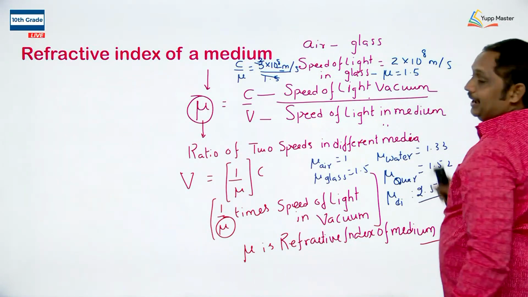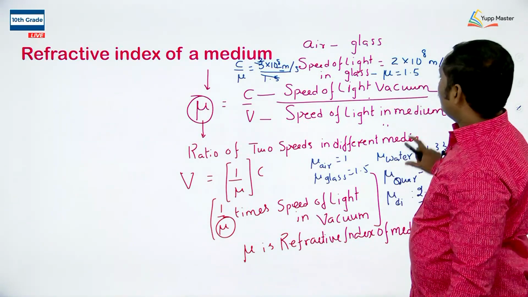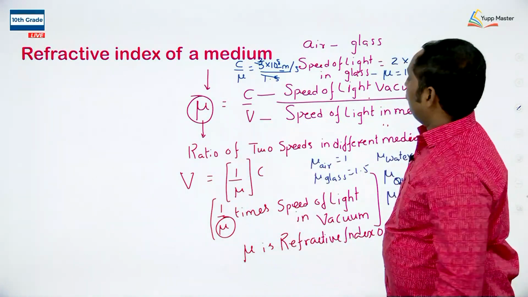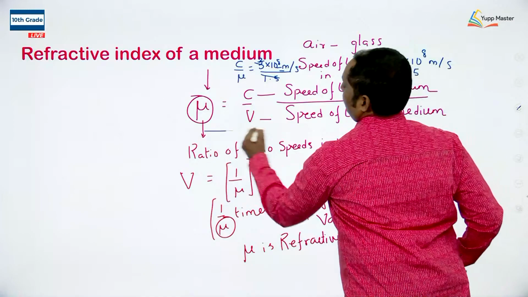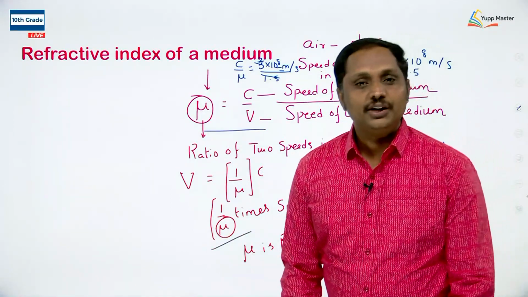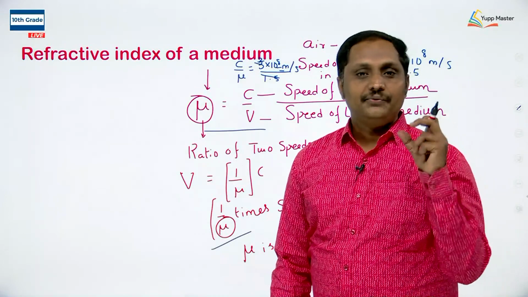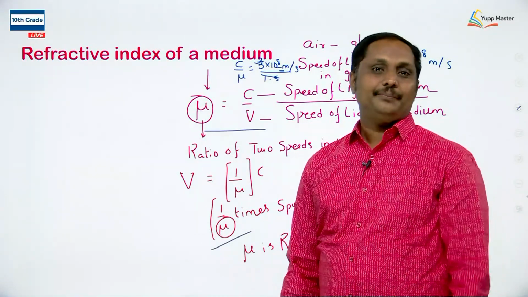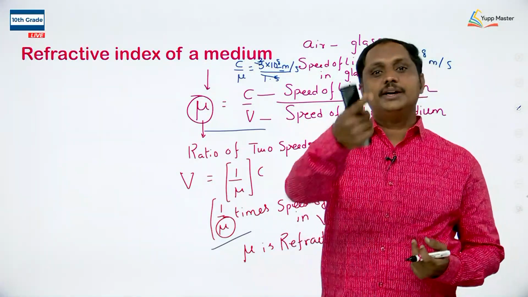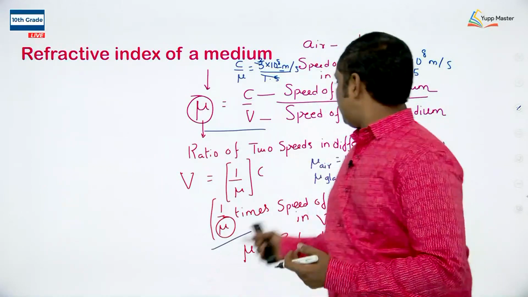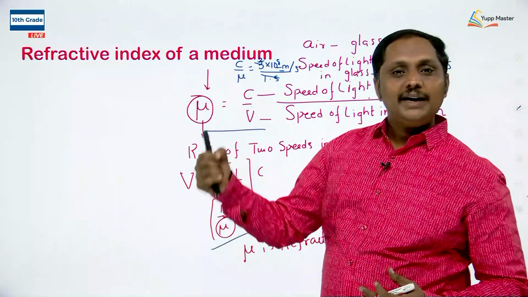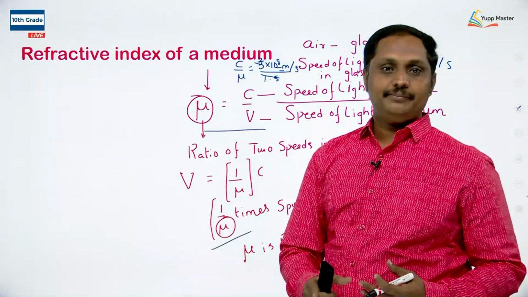So, these are all the different values, and they give the significance for the speed of light. Simply you will find out that the speed of light is going to be 1 by mu times. This is the significance of the refractive index of a medium. So, you have that comparison by knowing the refractive index. That comparison is limited to the speed of light in that particular medium.